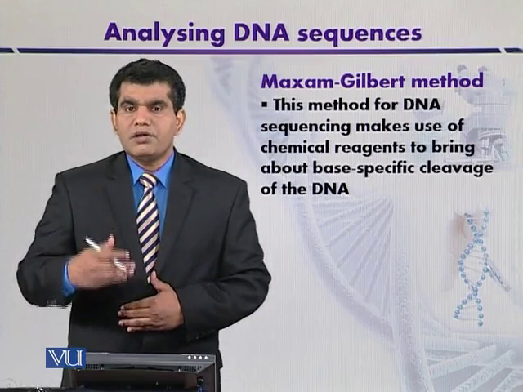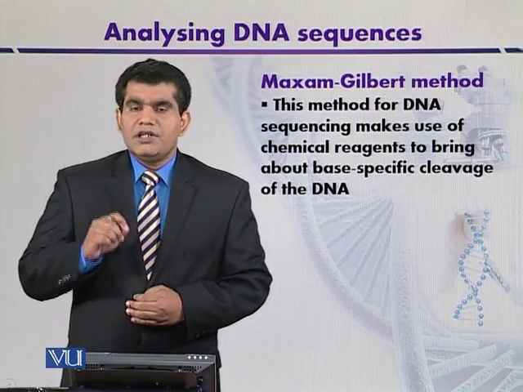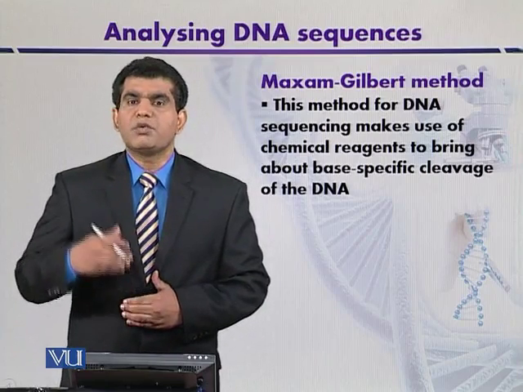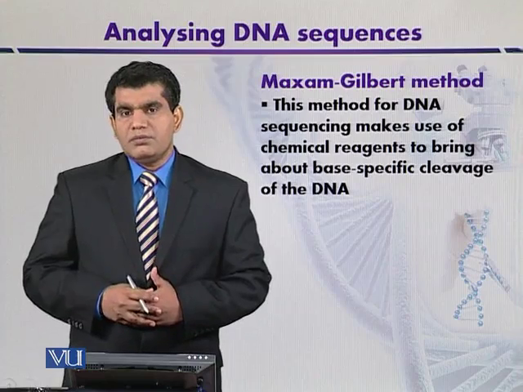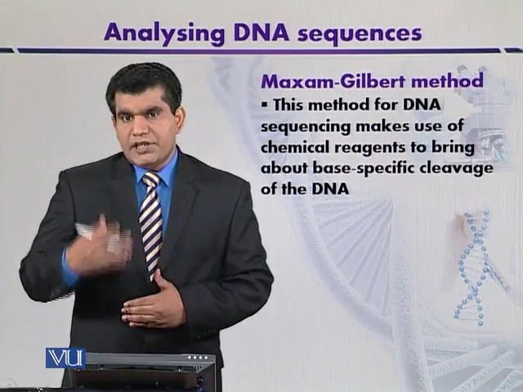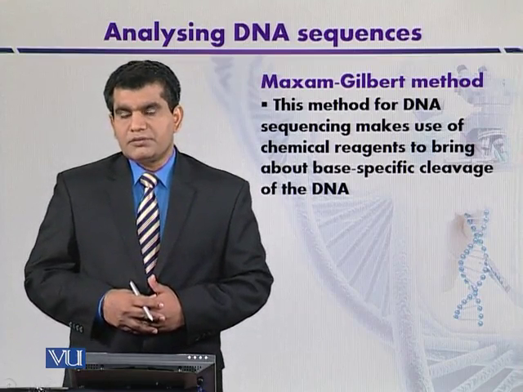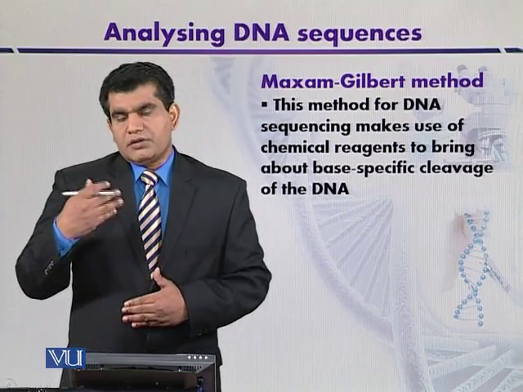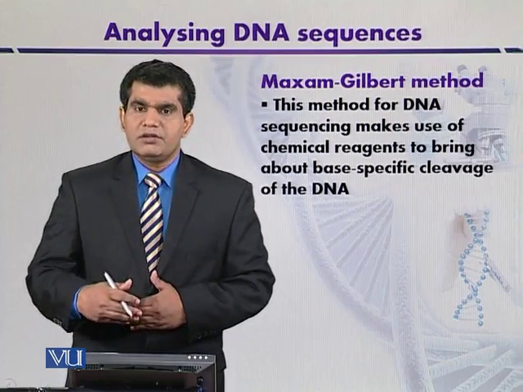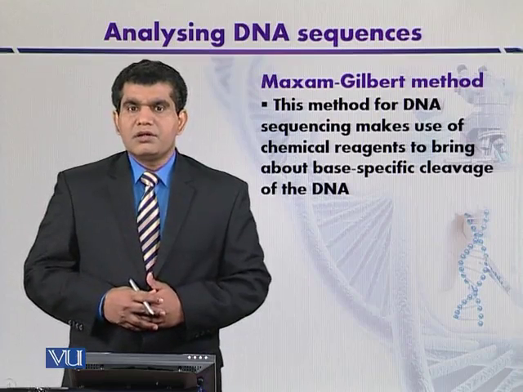it is now altered or modified, and once it is modified, the DNA elongation during the course of sequencing cannot proceed further. Then the altered base, in the next step, is removed using certain chemicals from the sugar backbone, and after the removal of the altered base, the sugar bond can be cleaved.